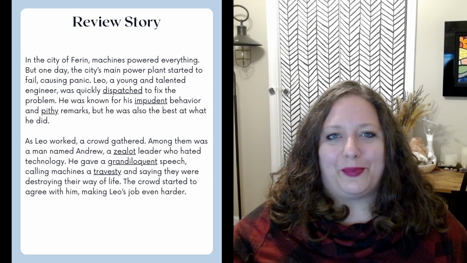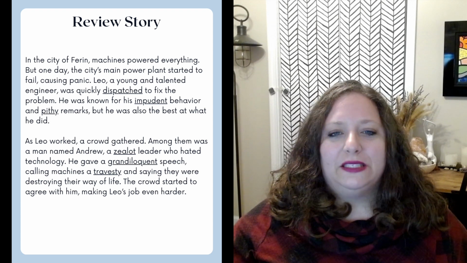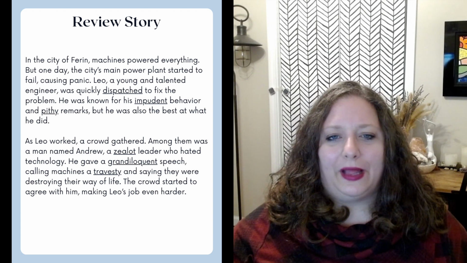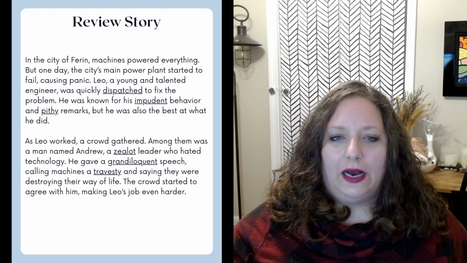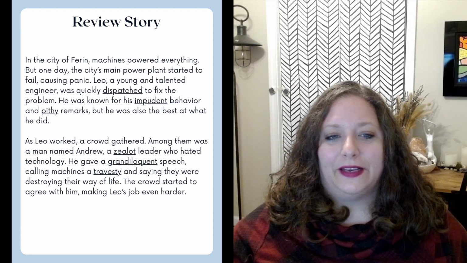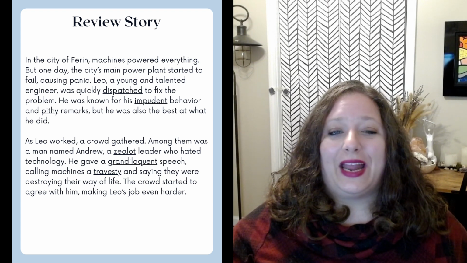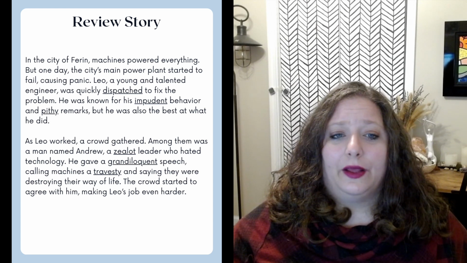So let's read a story to practice the words. In the city of Farron, machines powered everything. But one day, the city's main power plant started to fail, causing panic. Leo, a young and talented engineer, was quickly dispatched to fix the problem. He was known for his impudent behavior and pithy remarks, but he was also the best at what he did.